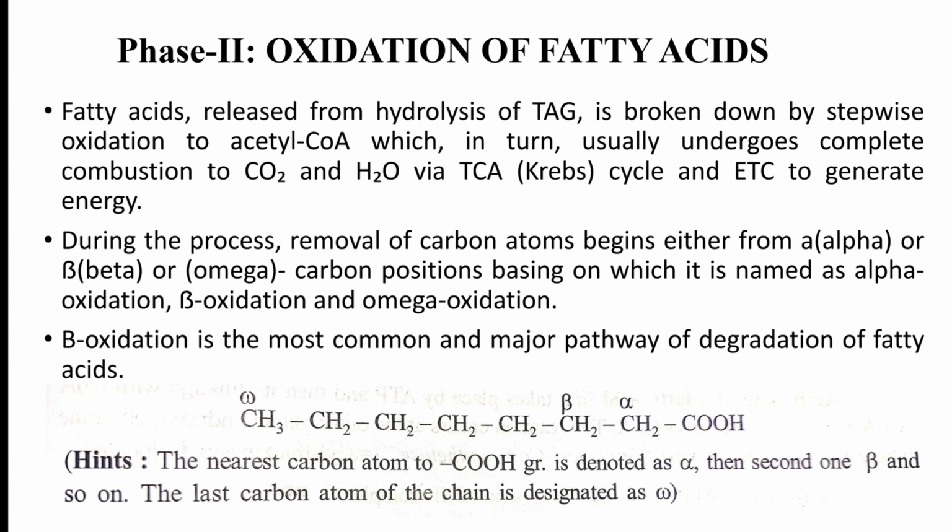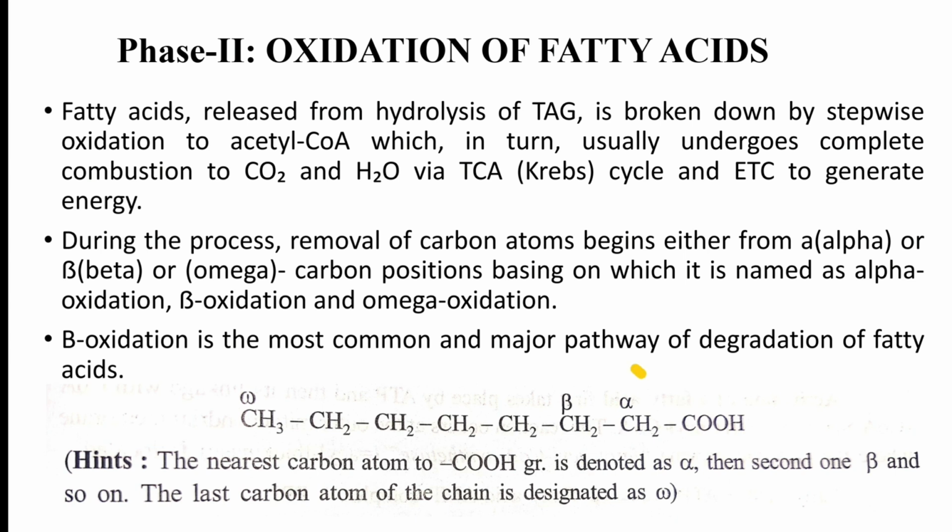During the process, removal of carbon atoms begins either from the alpha, beta or omega carbon position, based on which it is named alpha oxidation, beta oxidation or omega oxidation. Beta oxidation is the most common and major pathway of degradation of fatty acid.